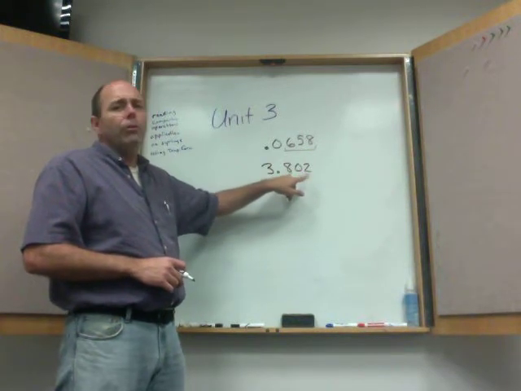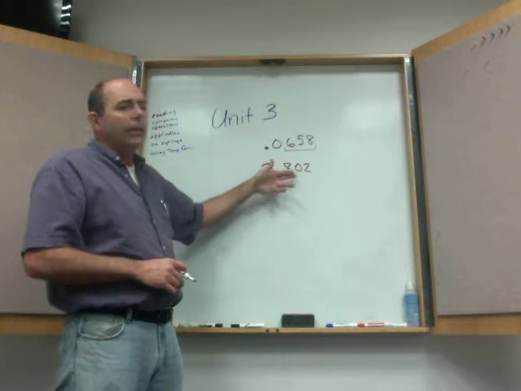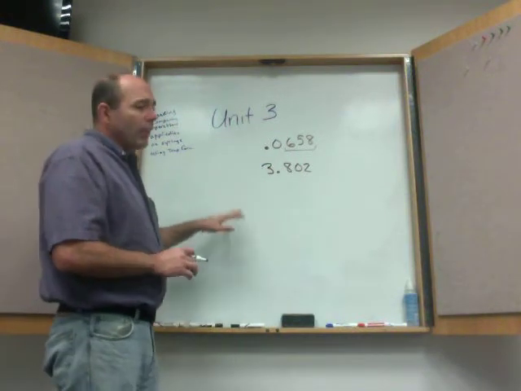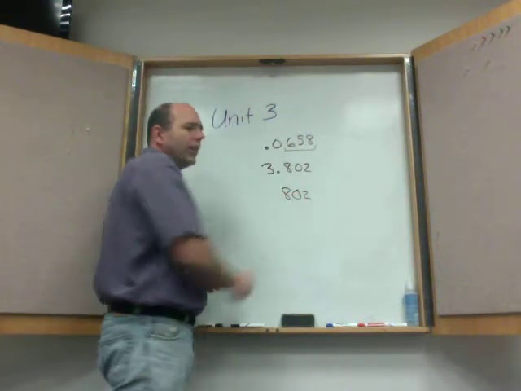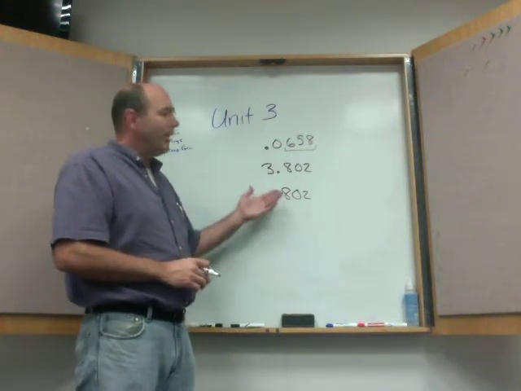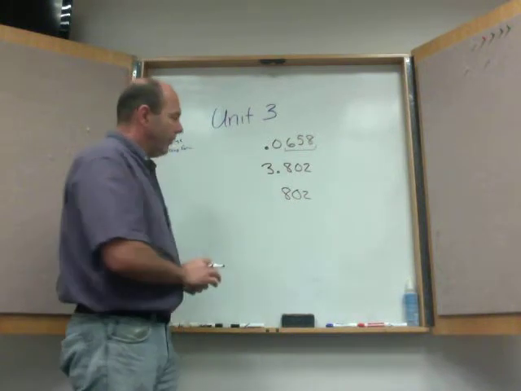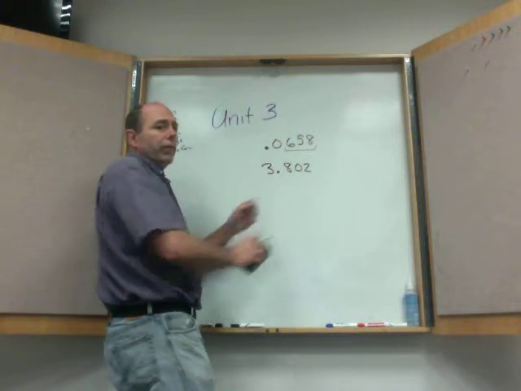So it's going to be 802 thousandths. So when I read the number, I'm going to say 3 and 802 thousandths. Notice, if I was just looking at the number, if there was no decimal involved, I wouldn't say "and 802," because in mathematics you don't use that "and." It's just 802. That's how I would say it. The "and" is only used for your decimal point.